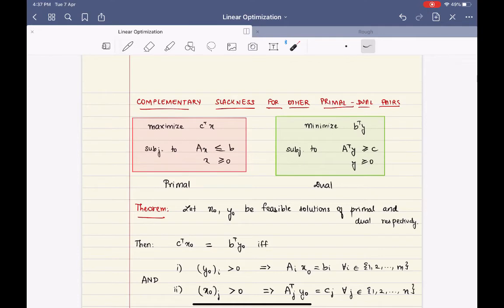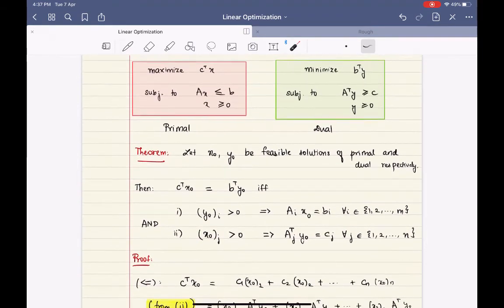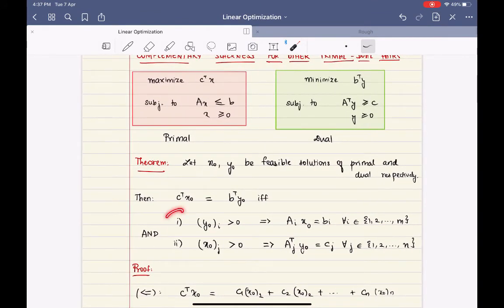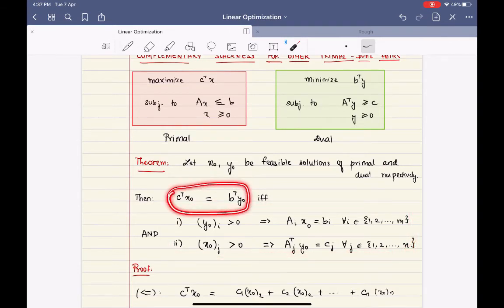Now the proof of this proceeds as follows. Let's first try to do the backward implication. So given these two conditions, we want to show that C transpose x0 equals B transpose y0. Let's first write C transpose x0.